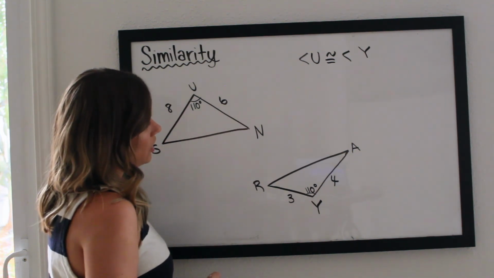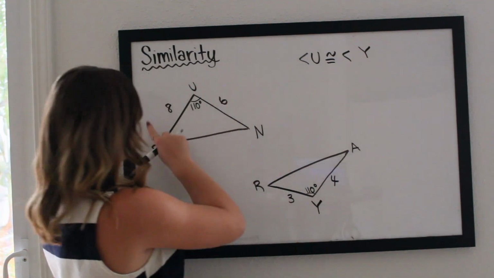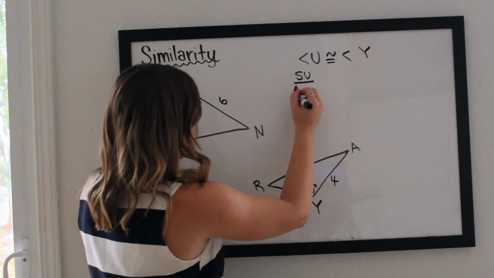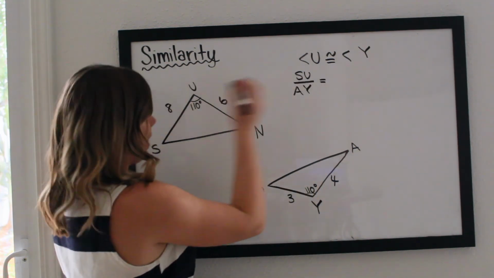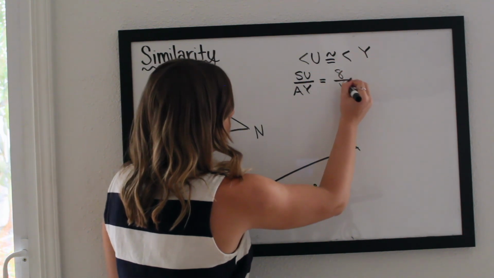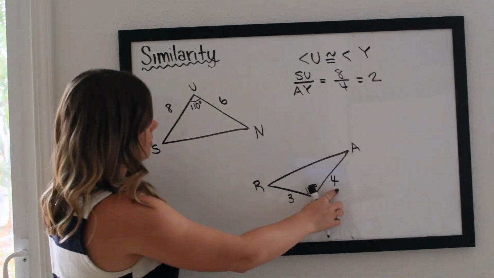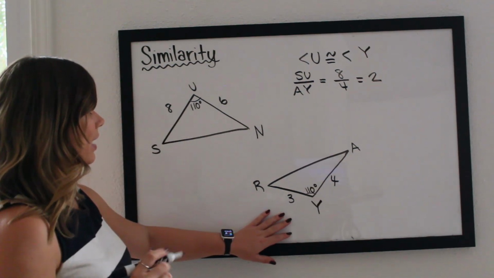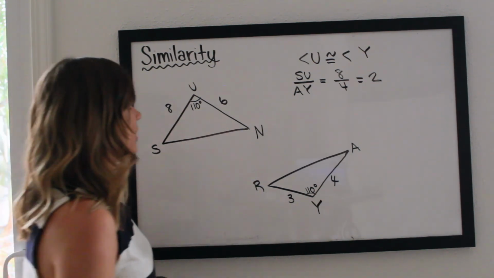So now what I'm going to do is write the ratio. So I'm going to put SU over AY, which is 8 over 4, so my scale factor would be 2. 4 times 2 is 8. Now I need to verify that going from RY to UN, we'd have the same scale factor.